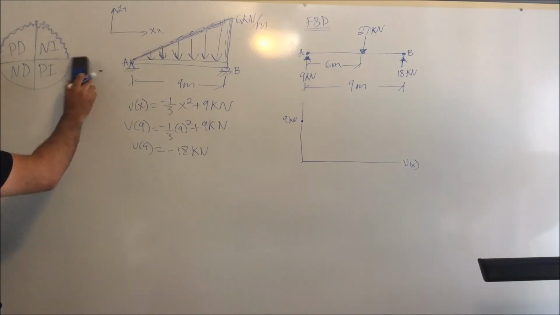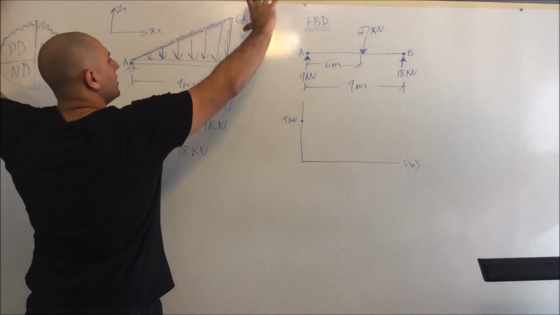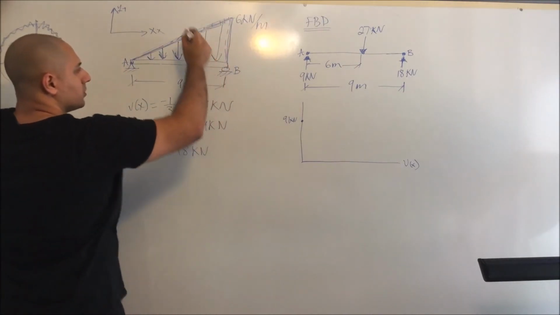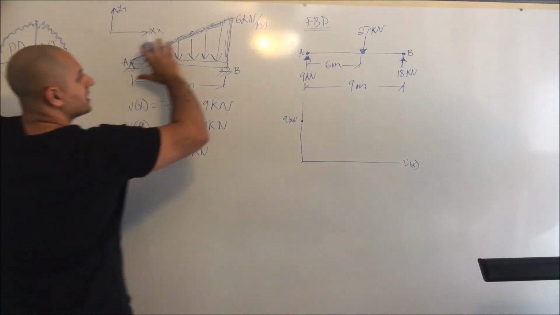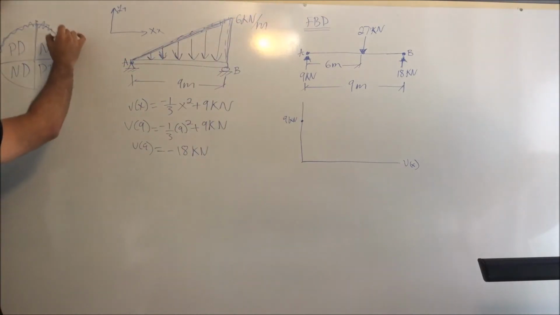As you see, I almost confused myself, so now you have to look back at this. What I see here is actually negative because the distributed load is acting down. However, it keeps increasing, so it will be this shape right here.